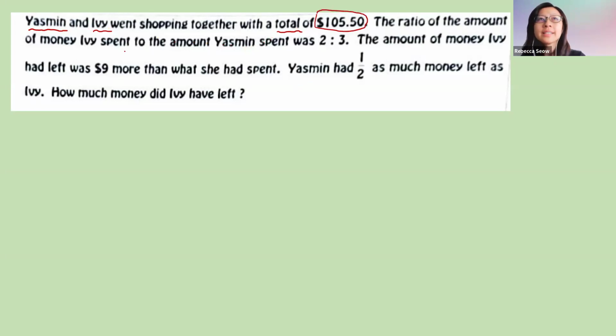Next, the ratio of the amount of money that Ivy spent to the amount of money that Yasmin spent was 2 to 3. Take note what this money was used for. It's actually spending.